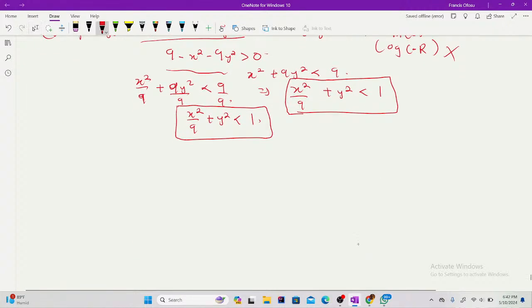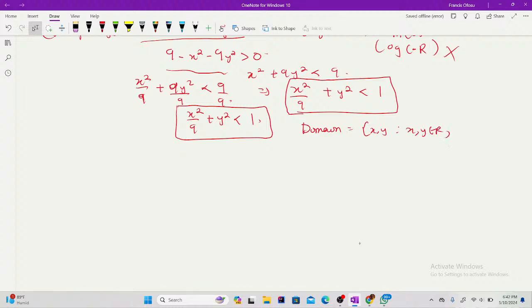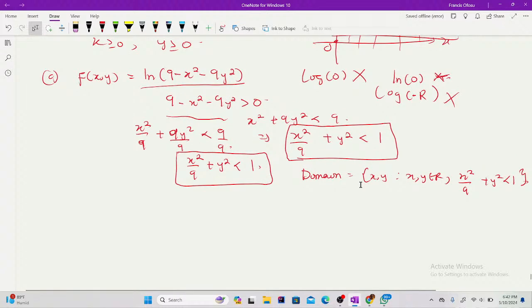So you can also put it like the domain is given as xy is a member of all real numbers where x squared over 9 plus y squared is less than 1. Okay, so you can put it in this way. Also accepted.